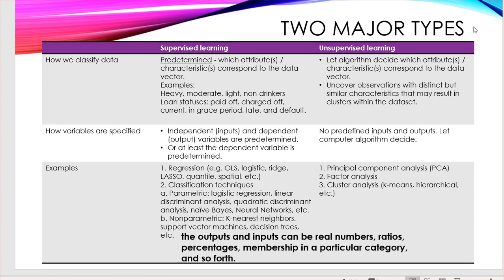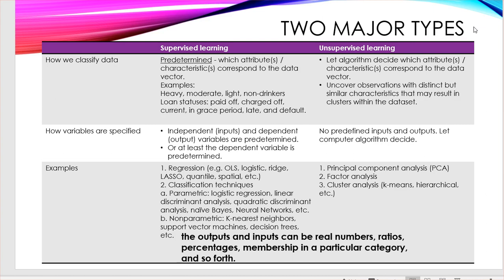And here are the main examples of the supervised learning approach to classify data. Any variant of regression, be it OLS or ordinary least squares regression, logistic regression, ridge regression, the lasso, quantile regression, or any variant of spatial regression, falls under the supervised approach of classifying data.